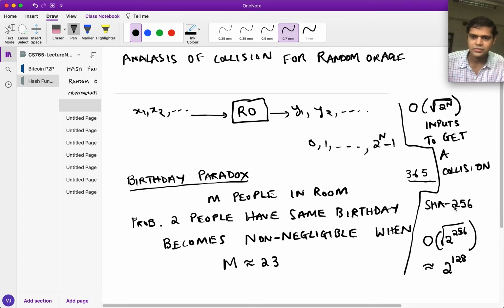Like the SHA-256, people believe that nobody will ever find a collision given the computational power we have today. But you can never be sure, because there's a gap between the random oracle and real hash functions. Random oracles actually generate a random number in the space, whereas real hash functions are deterministic functions. Okay, they don't generate random numbers.